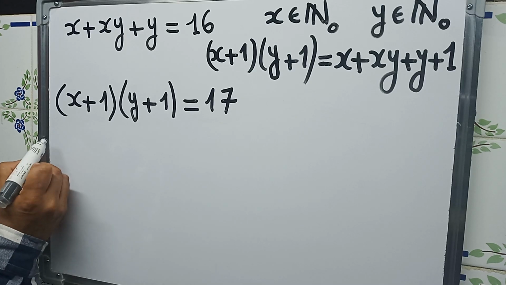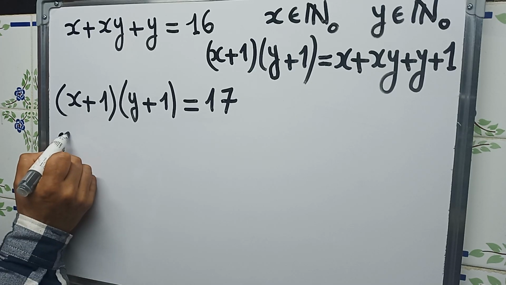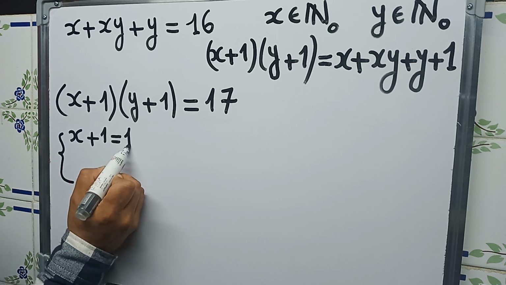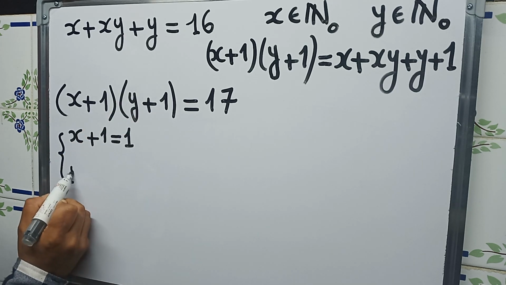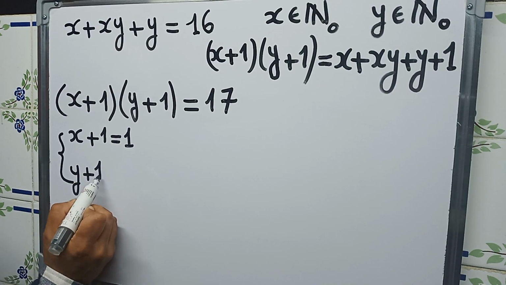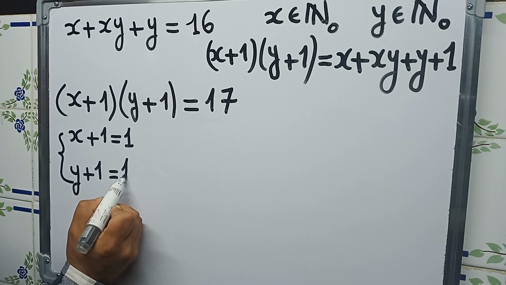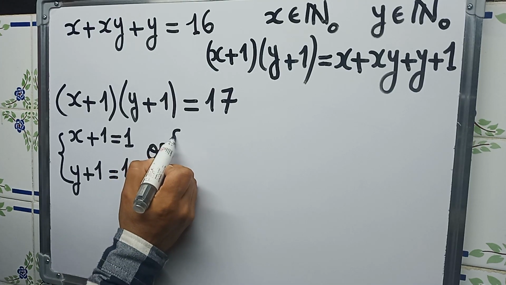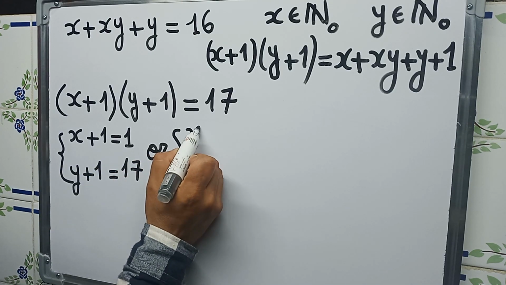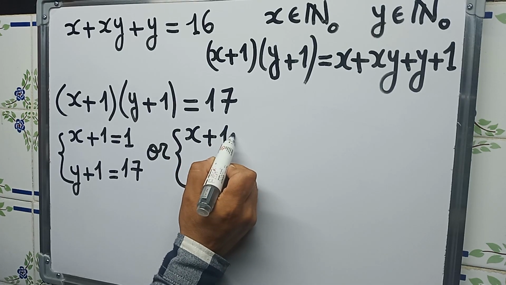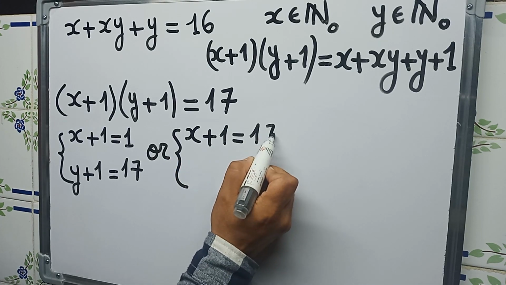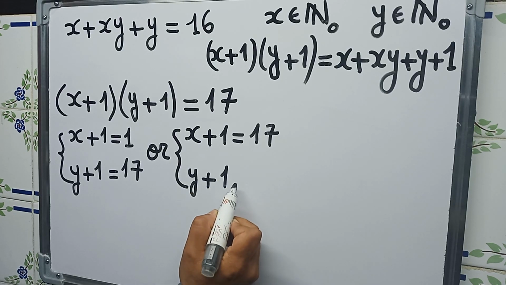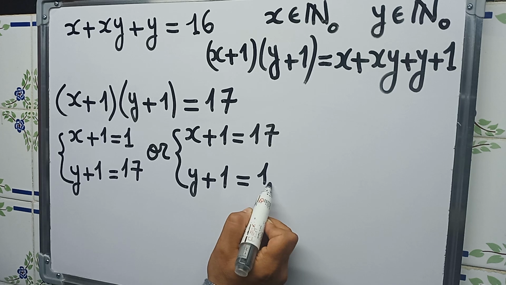So from here we will have x plus 1 is equal to 1 and y plus 1 is equal to 17, or of course x plus 1 is equal to 17 and y plus 1 is equal to 1.